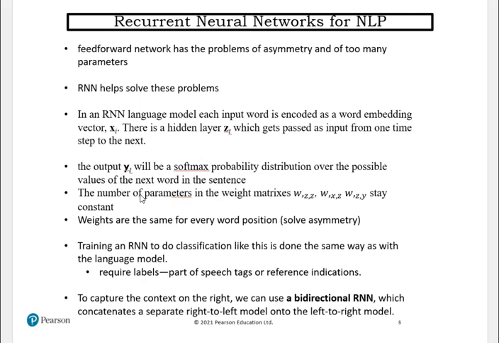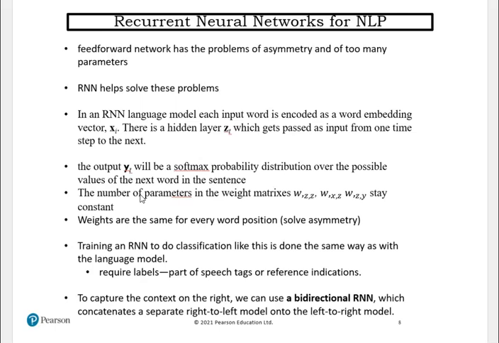So in an RNN language model, each input word will be encoded to start with a word embedding vector, xi. Now we're going to look at this as a time series of words, so we treat each word as a time step.